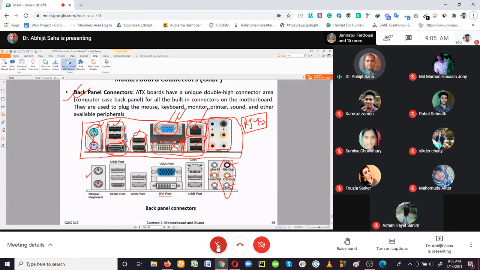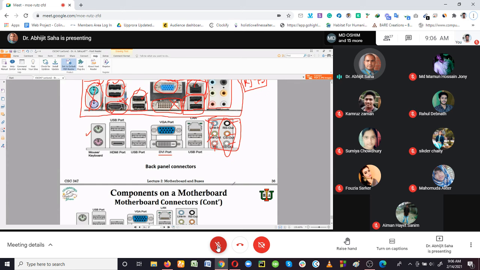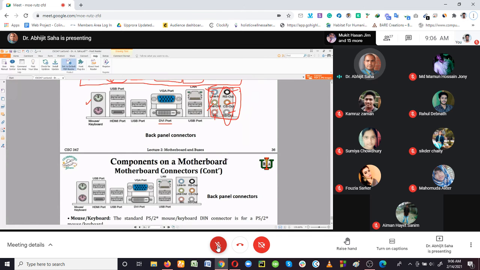Different motherboards have different sets of ports, and each of them has a different use. You should know what these small connectors for the sound system are, and what the use of each of them is.